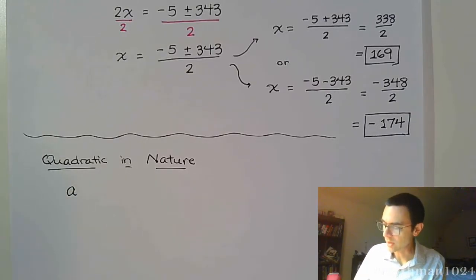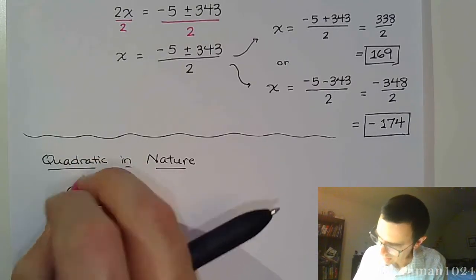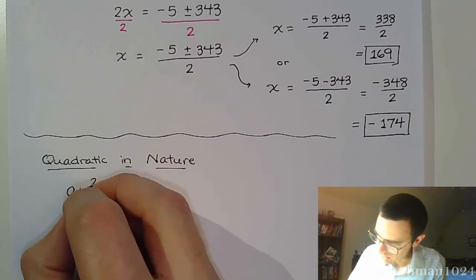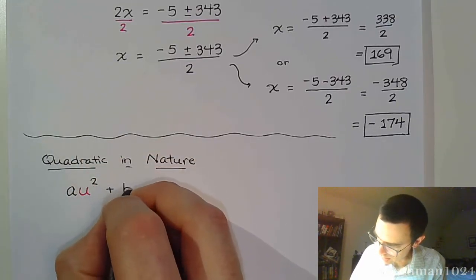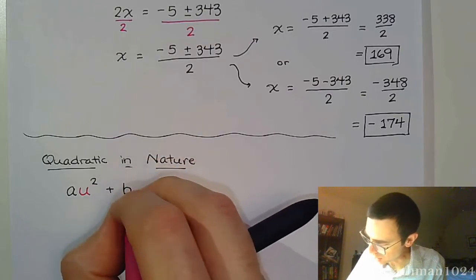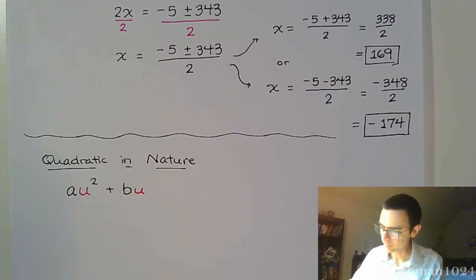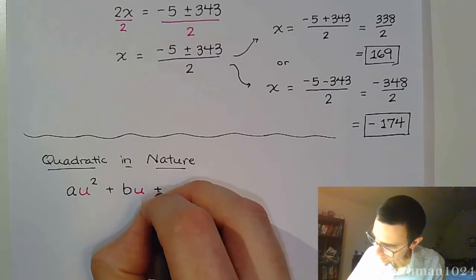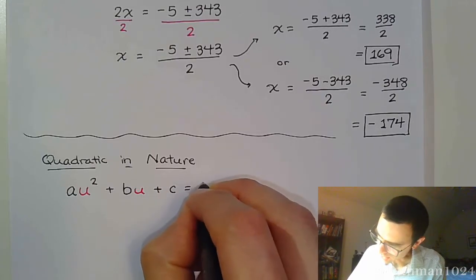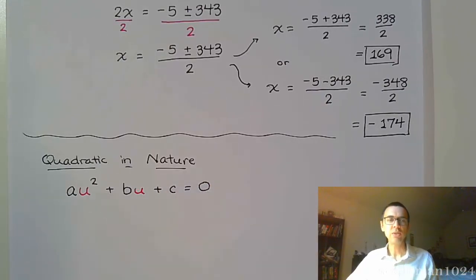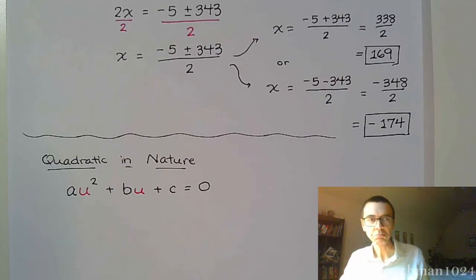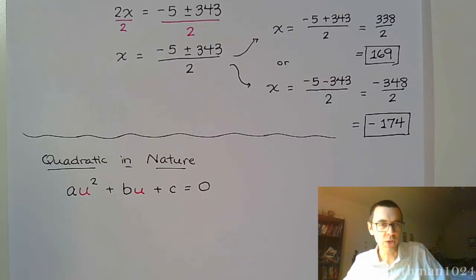So what we're going to do is we're going to write this. A u squared plus bu plus c is equal to 0. This is an equation that is quadratic in nature.